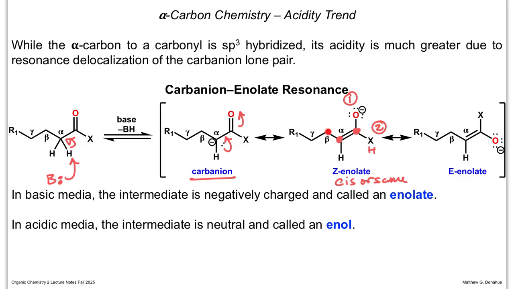On the other side, we have carbon and hydrogen. Carbon gets priority 1, hydrogen priority 2. They're on the same side, so that's Z, cis, or the same.